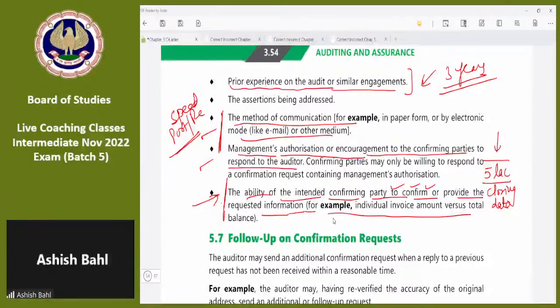So there is nothing like it being applied once at assertion level and again at the audit process.